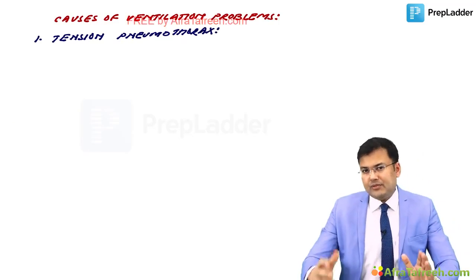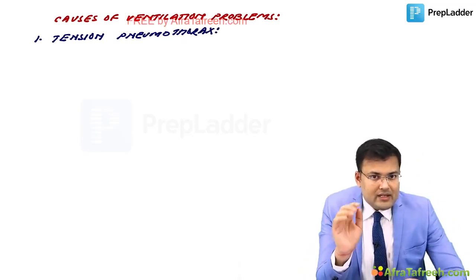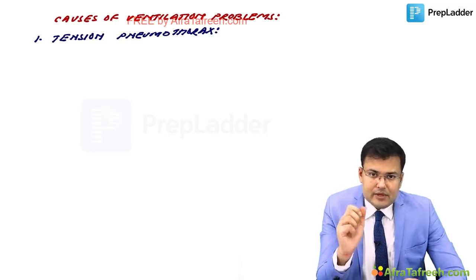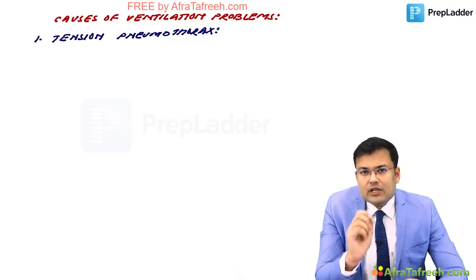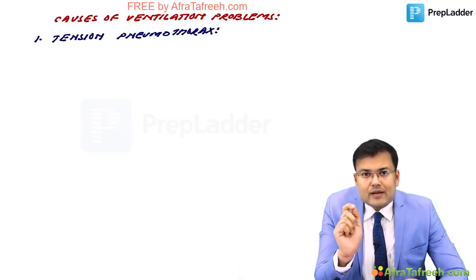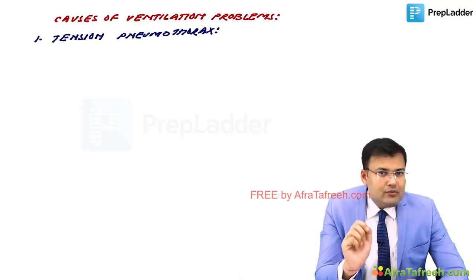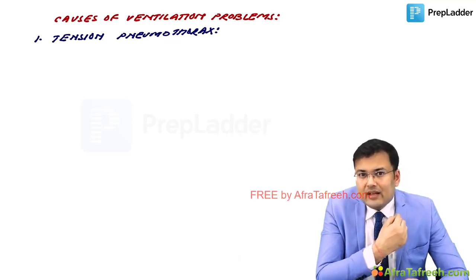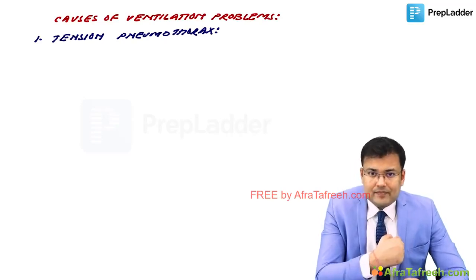Now see the problem. Whenever some patient is brought to your emergency and you suspect that this patient is having the signs and symptoms of tension pneumothorax, on the basis of suspicion only, you are supposed to insert a wide bore needle. Initially, it was said that the wide bore needle should be inserted in second intercostal space in mid clavicular line.